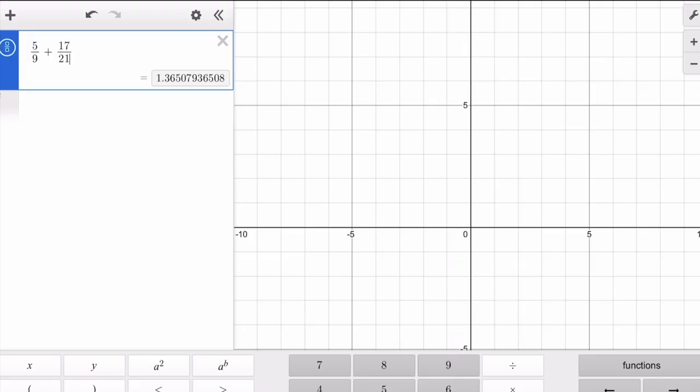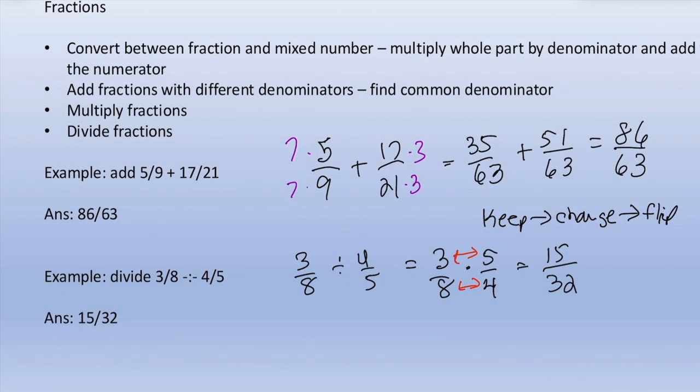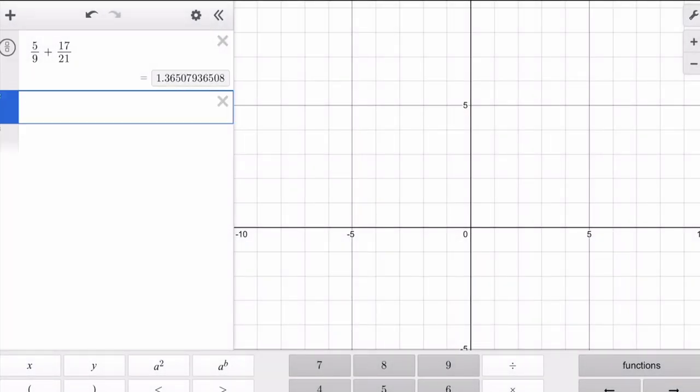You might recall, let me go back real quick, our answer was 86 over 63. So decimals now, we can check our work. If we go on a new line and do 86 divided by 63, see how it's the exact same decimal in the answer portion. Okay.